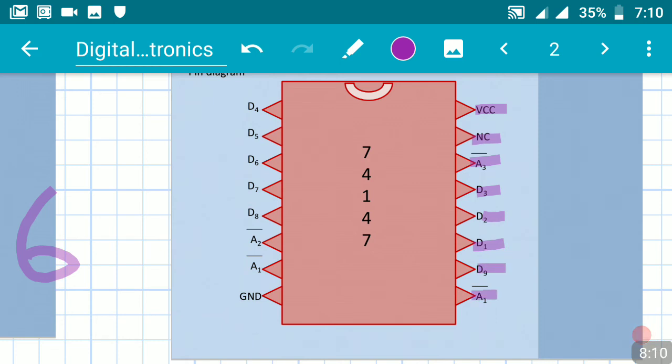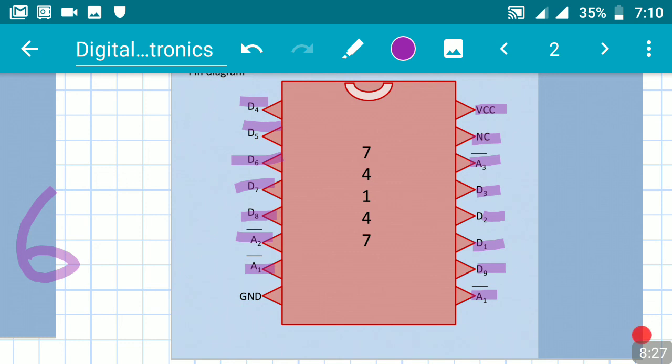A1 bar is the output. A2 bar, and A3, A0, and D8, D7, D6, D5, D4, these are all the inputs.